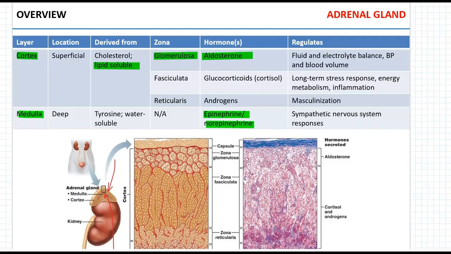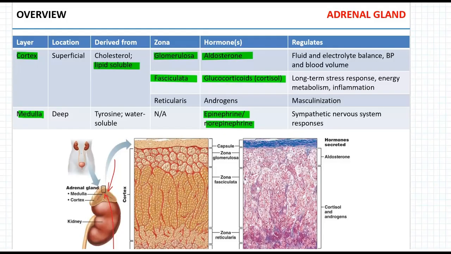One zone deeper is zona fasciculata, which produces glucocorticoids. And as you can guess from the name, glucocorticoids are responsible for glucose. They respond to long-term stress, but they respond to it by increasing availability of glucose and fatty acids, basically increasing the energy availability.